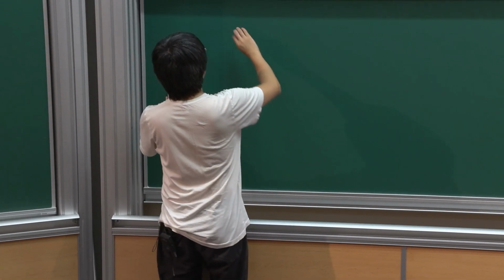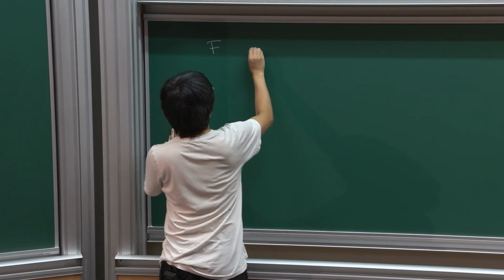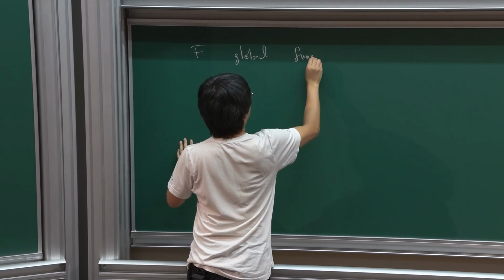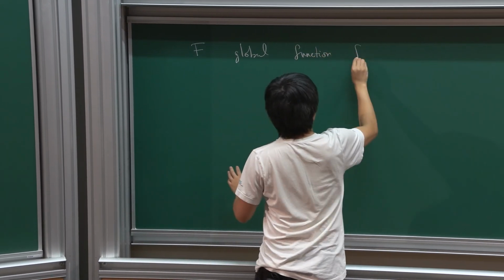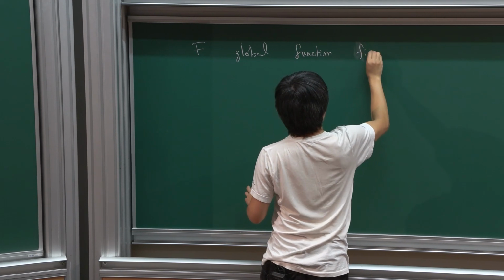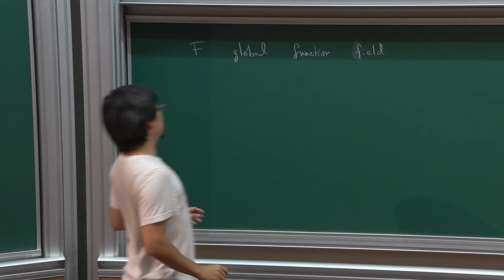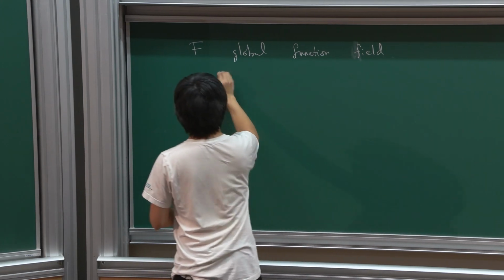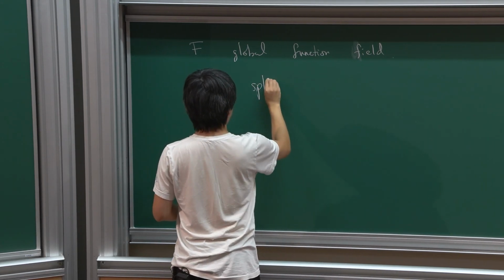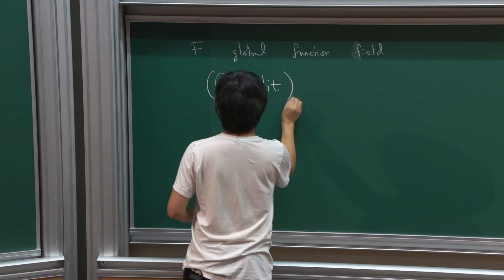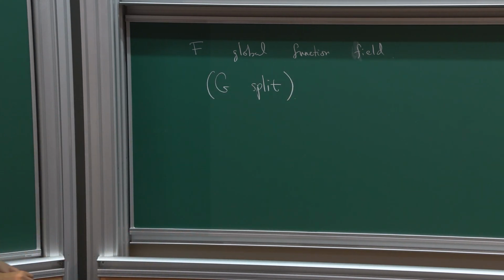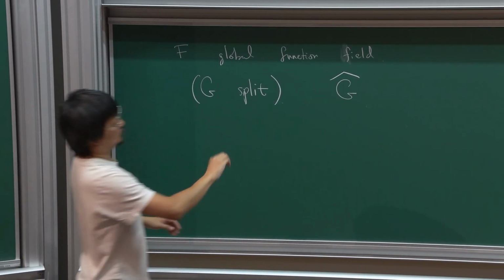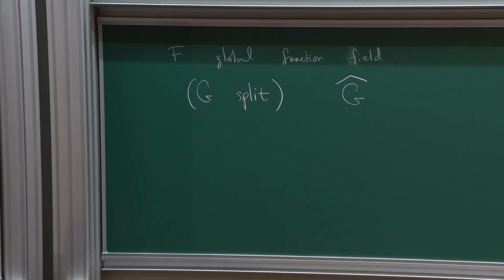So let's consider F a global function field, and for simplicity assume G is split. I'll just ignore the difference between C groups and L groups, so I write G hat.